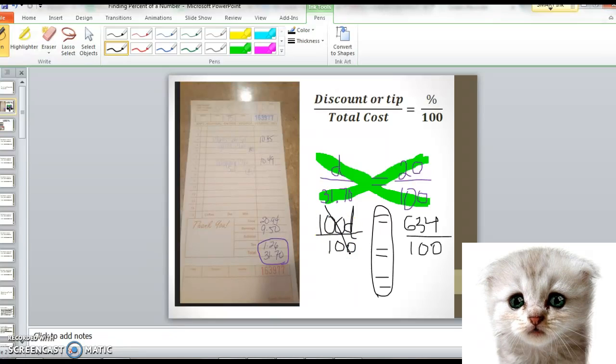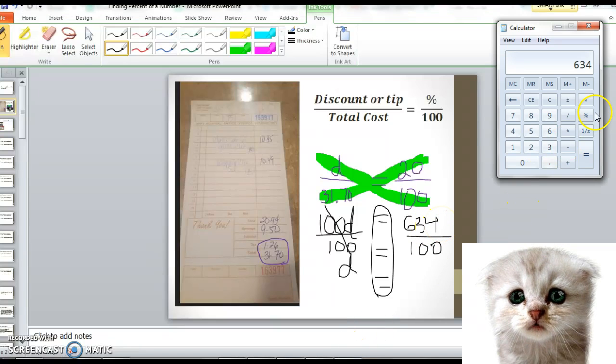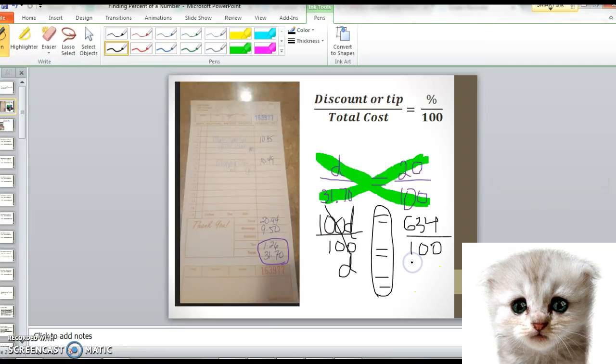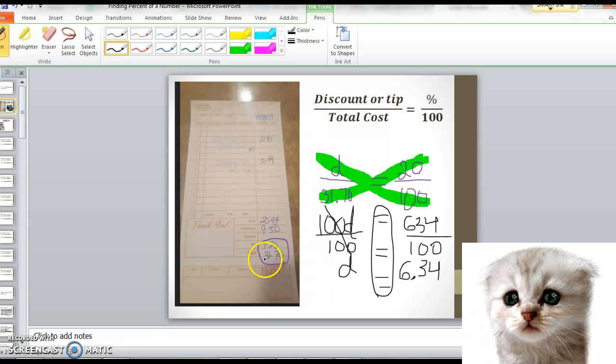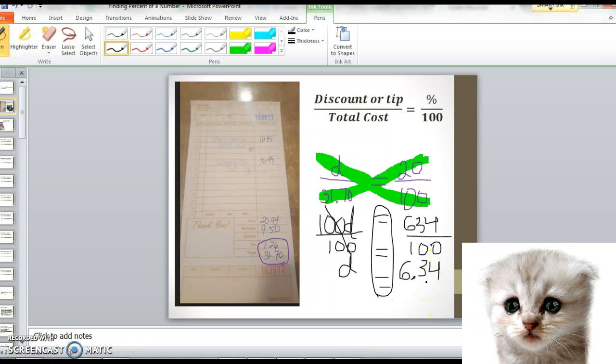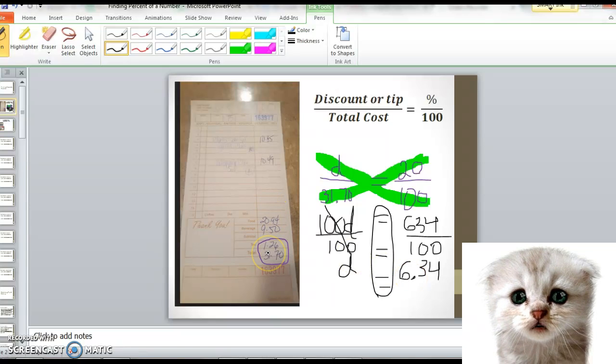My 100s cancel, so I'm left with D is equal to 634 divided by 100, which equals $6.34. That means that I'm going to leave the waitress an additional $6.34 because 20% of my total bill is $6.34.